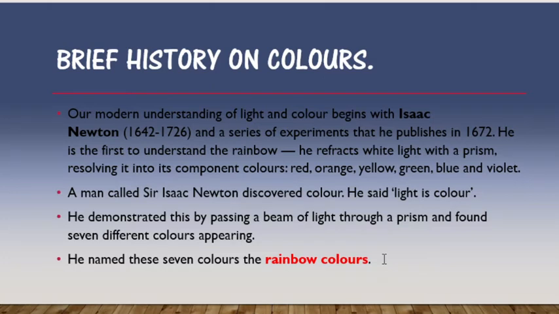Yes, I believe you can also try this experiment at home. Fill a bucket full of water, put a mirror in the water, and expose it to the sun. You know, the sun is a source of light.